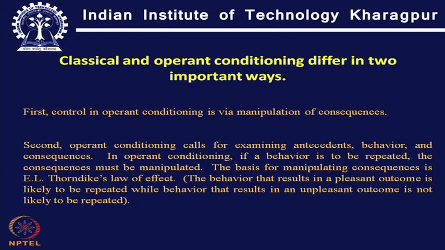That is, how do you manipulate the consequence? It depends on the law of effect, which tells that if the result is a pleasurable outcome, a pleasant outcome, it is likely to be repeated, while the behavior that results in an unfavorable, unpleasant outcome is not going to be repeated.